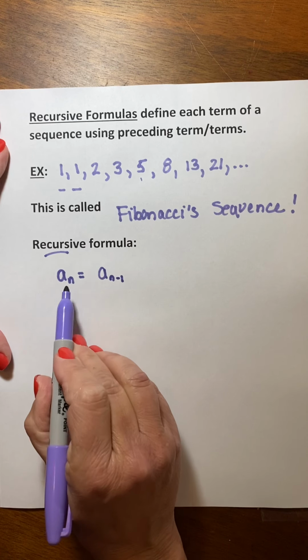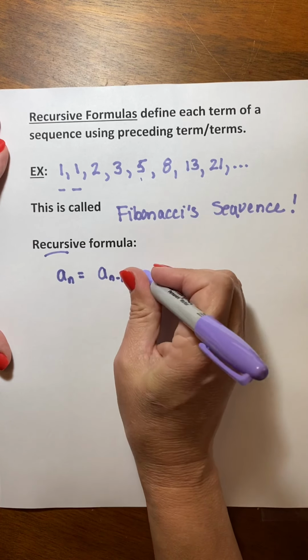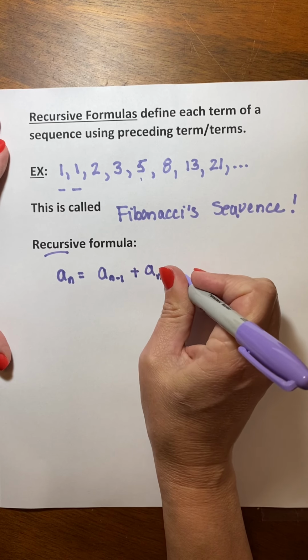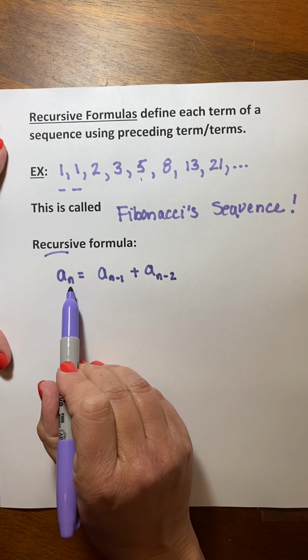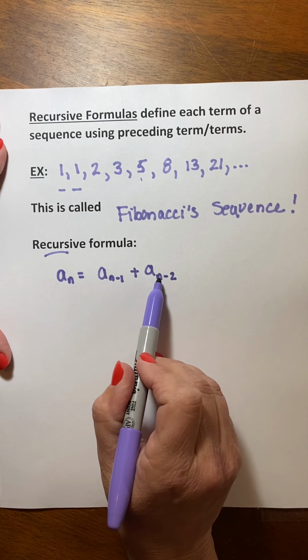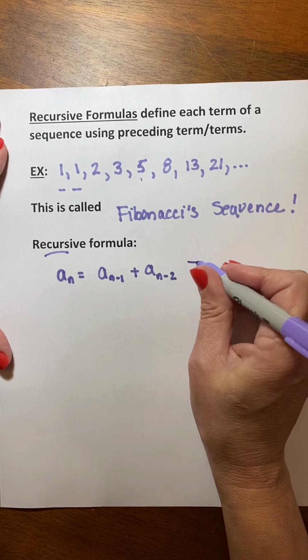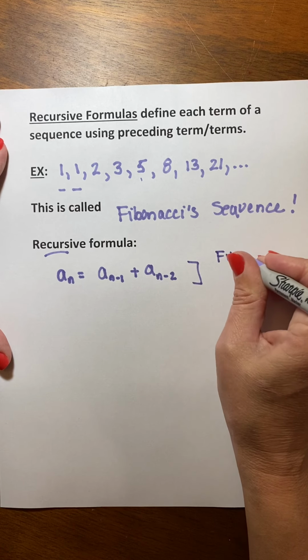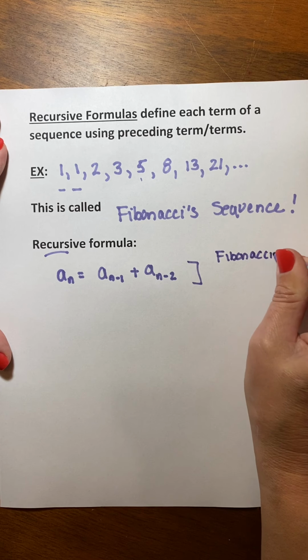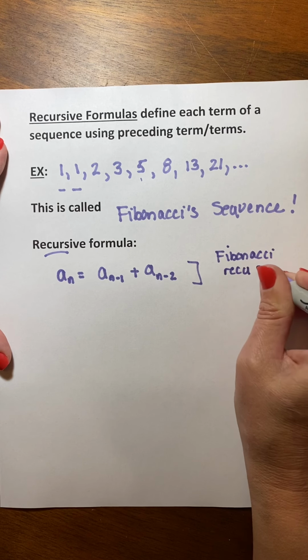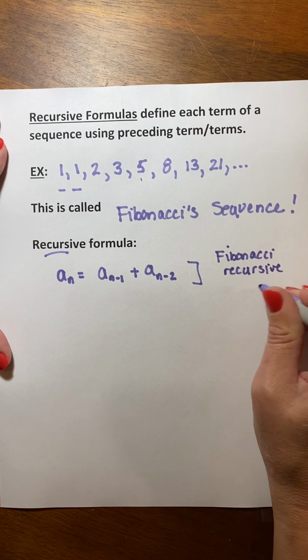So if we're at the 8th term, it would be the 7th term plus the 6th term. So this is saying that any given term is the sum of the previous two terms. So this is the Fibonacci recursive formula.